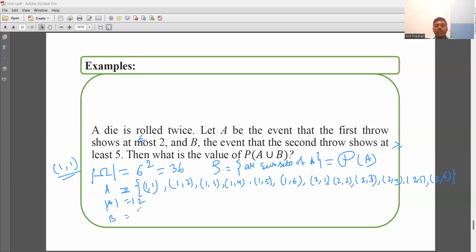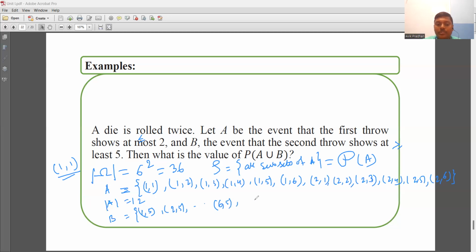Similarly, B will have those pairs for which the second element of the pair is at least 5. That means the number is greater than or equal to 5. So I can have 1 5, 2 5 and so on up to 6 5.